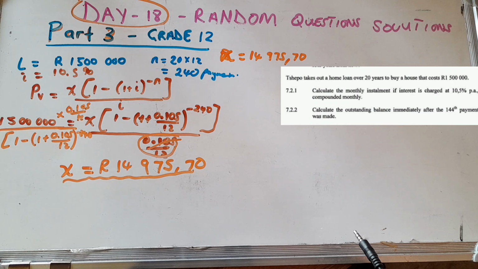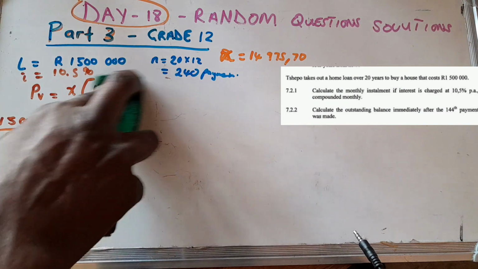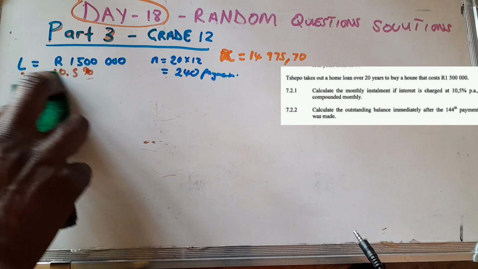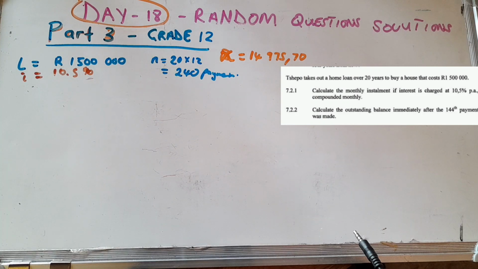So now we have the second part of the question that is saying calculate the outstanding balance immediately after the 144th payment was made. I love this kind of problems because they give me a bit of a headache. I love them. So I will show you two ways in which you can calculate the balance outstanding, right?